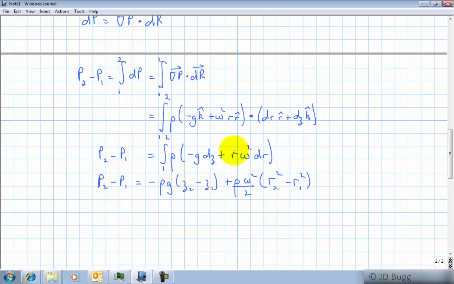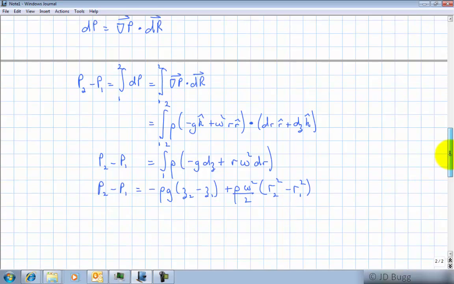So notice there's an r in here. So when we integrate it, it becomes r squared over 2, substituting in the limits. So that's the pressure difference between any 2 points in this fluid. So notice there's part of this that depends on changes in z coordinates, and part of it that depends on changes in the radial coordinate. And the two of those effects together give the total change in the pressure.